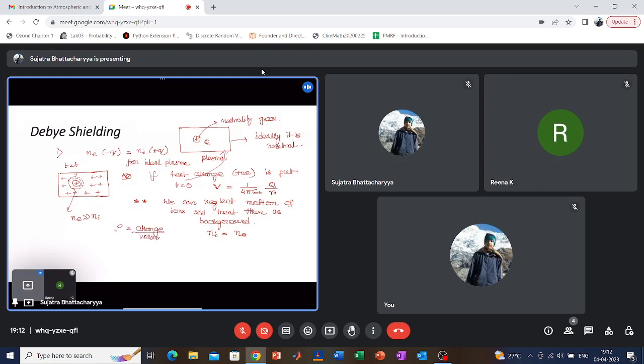Now, the distance up to which this positive test charge's influence can be felt is given by lambda d, and this lambda d is the Debye length.